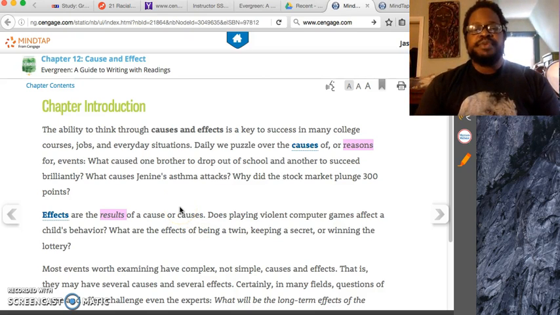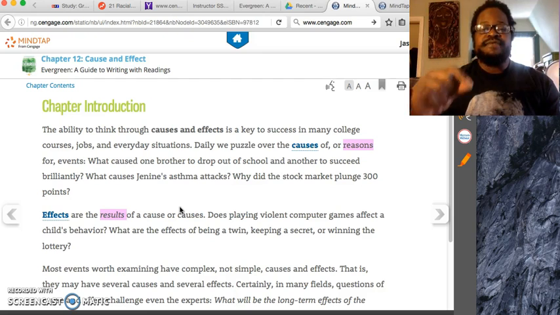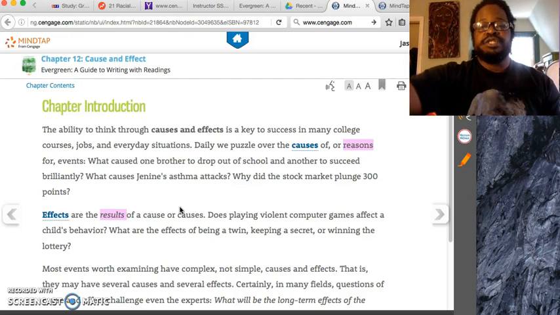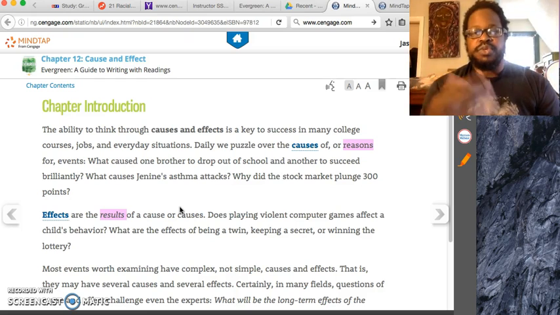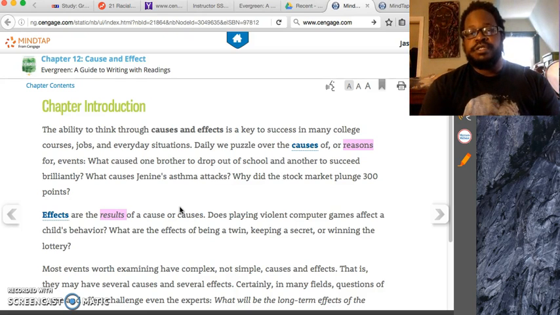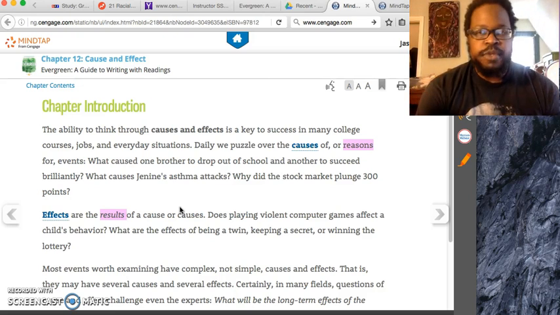So sometimes we can look at that same event and maybe that event leads to a particular effect, right? It leads to a particular result that in turn causes prejudice. So that's another way of looking at it, right? So let's take a look at what we know thus far.